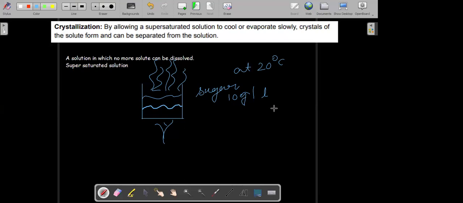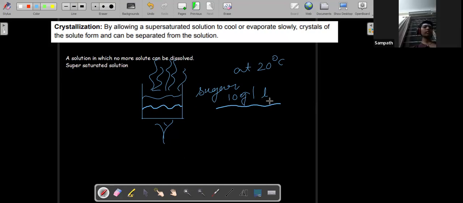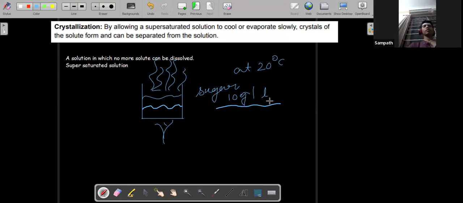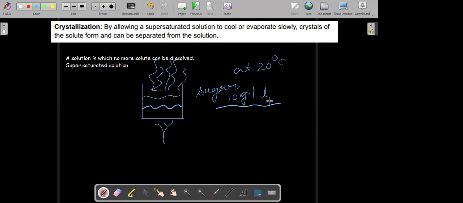So now do you think the solubility will still remain the same? Can I say that the solution has become super saturated? Yes, sir. Now the solution has become super saturated, as more and more water has been removed from it.